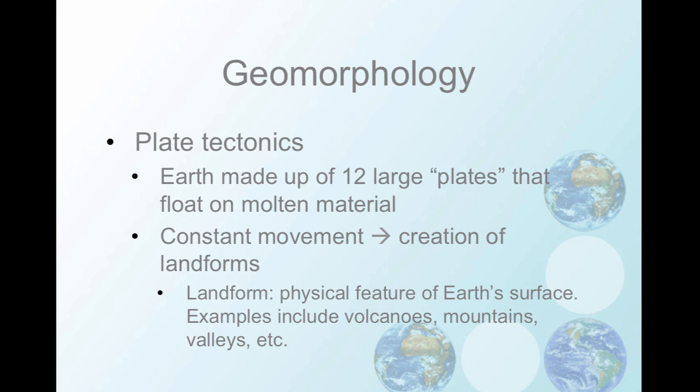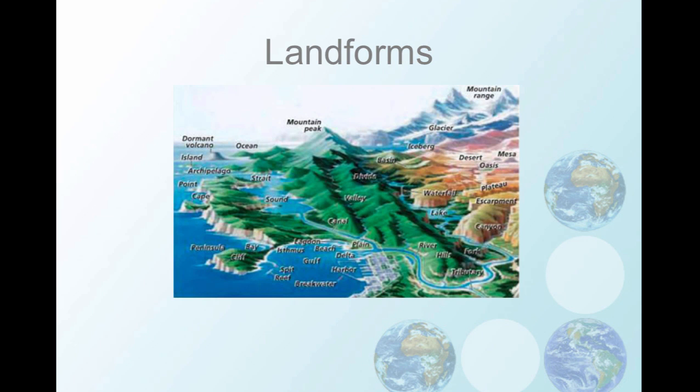But geomorphology is where we get the surface of the Earth that we know as we do. This gives you an idea of basic types of landforms, right? And mountain ranges and valleys are formed by the plates either pulling apart or colliding with one another.